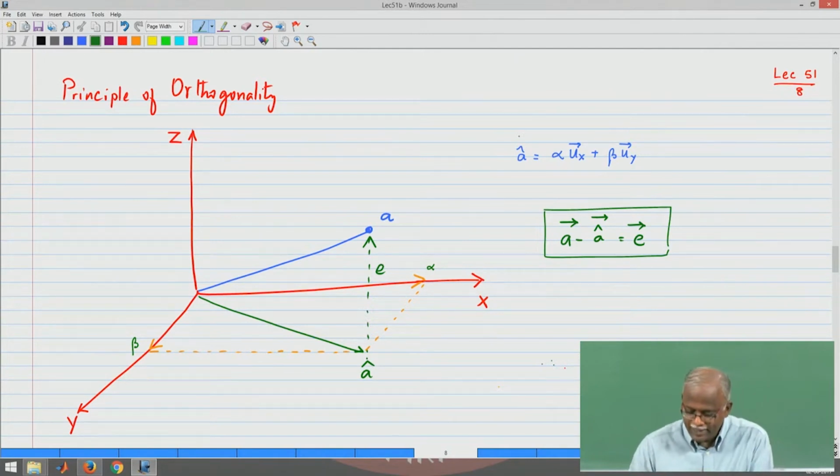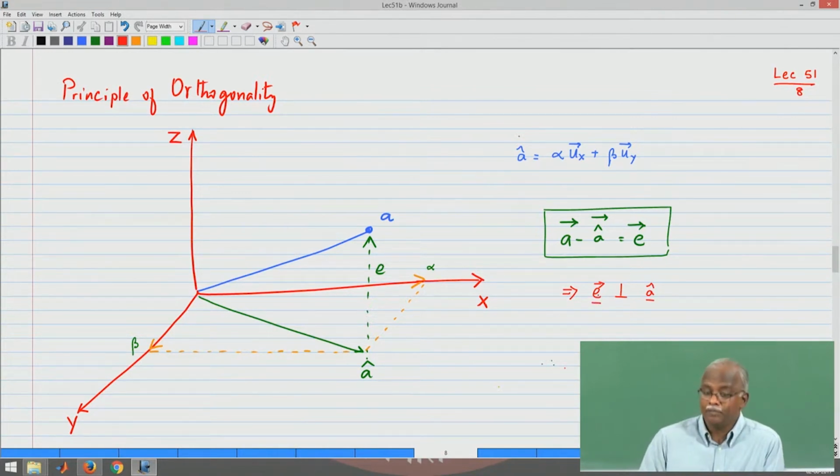Now, given this expression and the geometric interpretation, it is easy for us to see the following result, and this is a very key observation. We find that the vector E is perpendicular to the vector A hat, because A hat is perpendicularly below A in the xy plane.